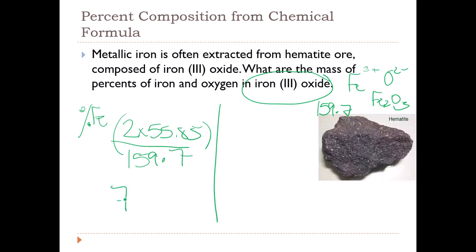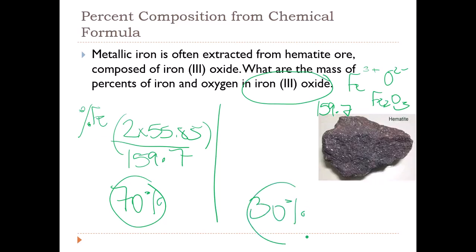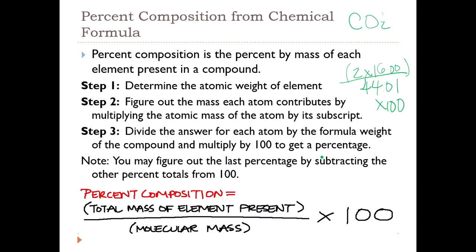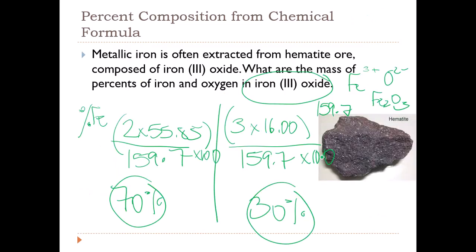That should give you about 70%. Since the other component is oxygen, that should give us about 30% oxygen, but you could also say 3 times 16 divided by 159.7, times 100, and so sometimes it's good to double check. And that is how we calculate percent composition.